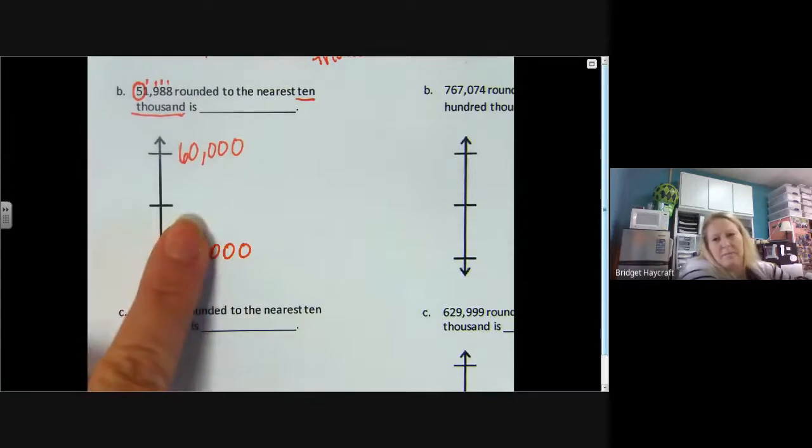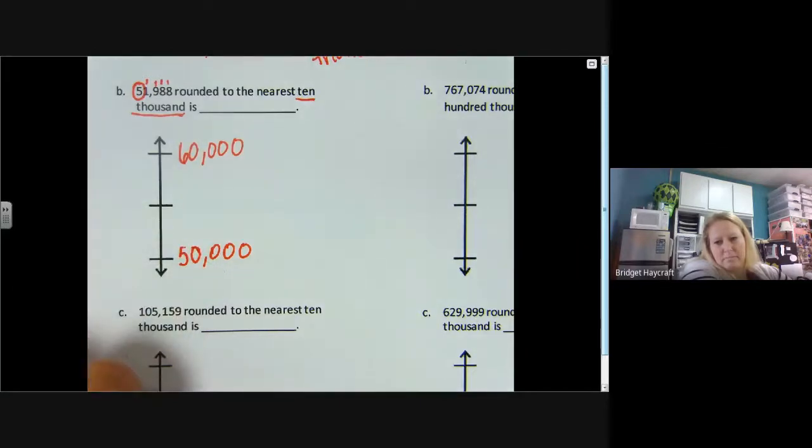Now I've got to find the midpoint. What's that midpoint going to be? I've got one attempt at the midpoint. What's that midpoint, Briley?